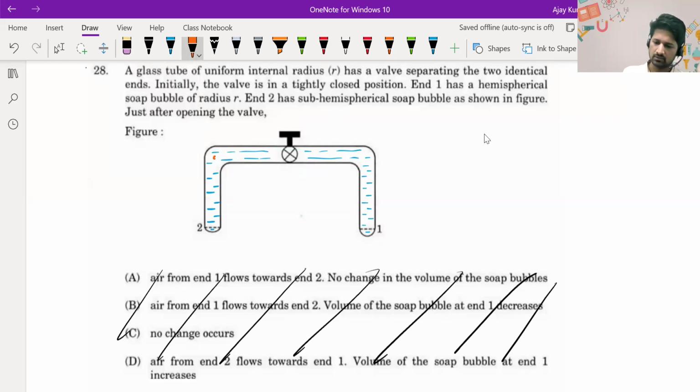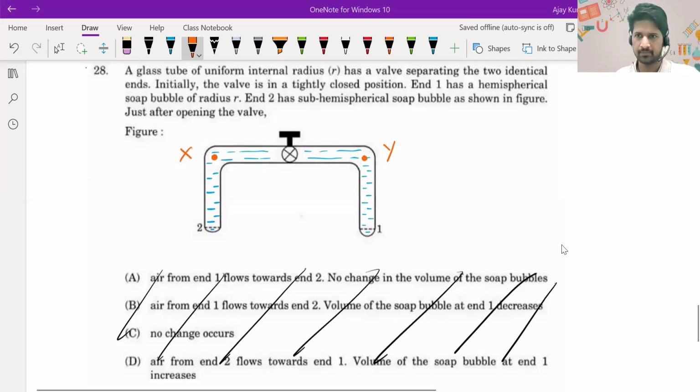Call this point X and this point Y. We need to find out which point out of these two is at higher pressure. Can any of you tell me how to comment on the pressures at X and Y?